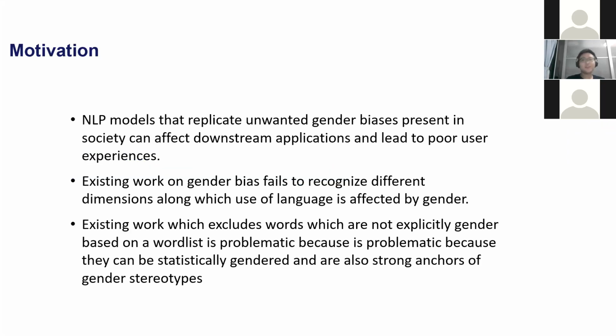The motivation for this work is that NLP models that replicate unwanted gender biases can affect downstream applications and lead to poor user experiences. We saw that earlier from the YouTube and the Tay from Microsoft examples.